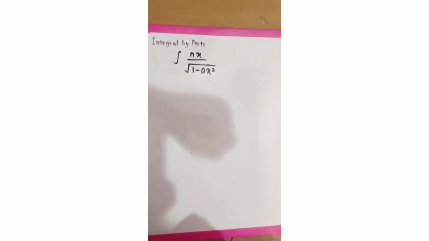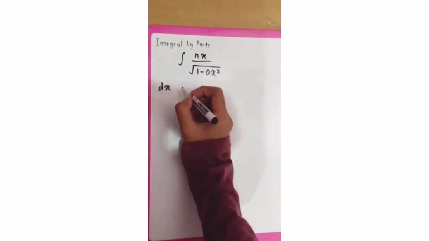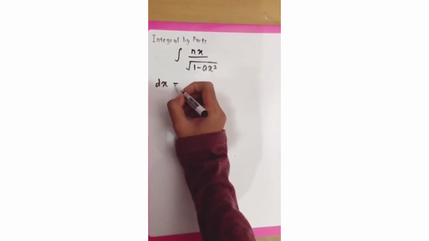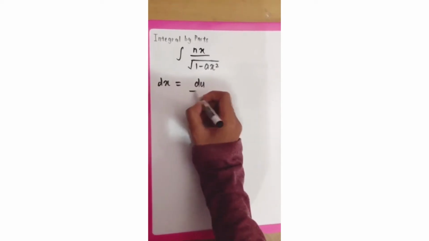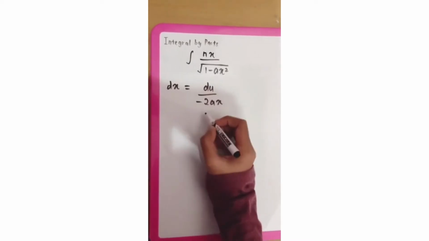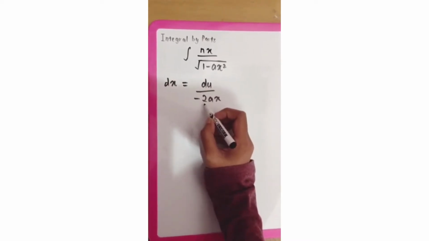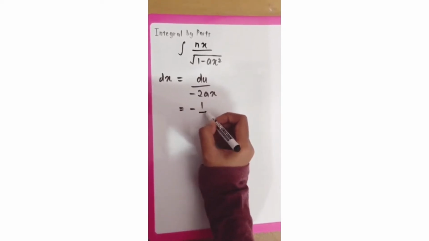Okay, this is from the previous solution. Then the dx, we will get du over -2ax. So we just take out the -2. It will be like this, -1 over 2a.